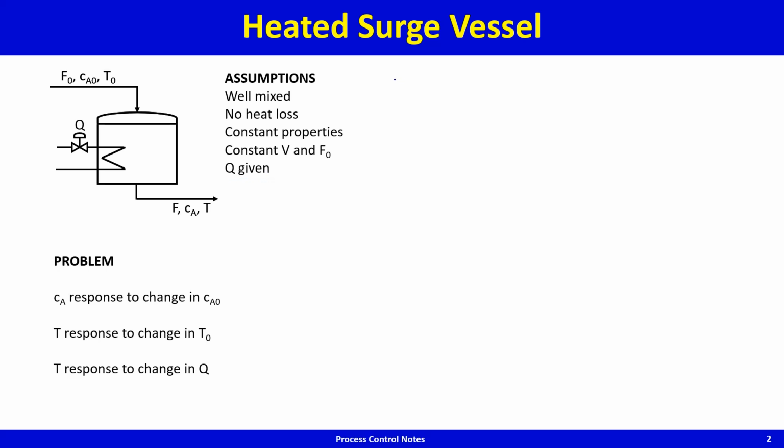So the material balance would be, volume is constant, so V times dCa by dt would be equal to what's flowing in minus what's flowing out, and what's flowing in and what's flowing out are the same, and let that be called F times what's flowing in is Ca naught and what's flowing out is Ca.